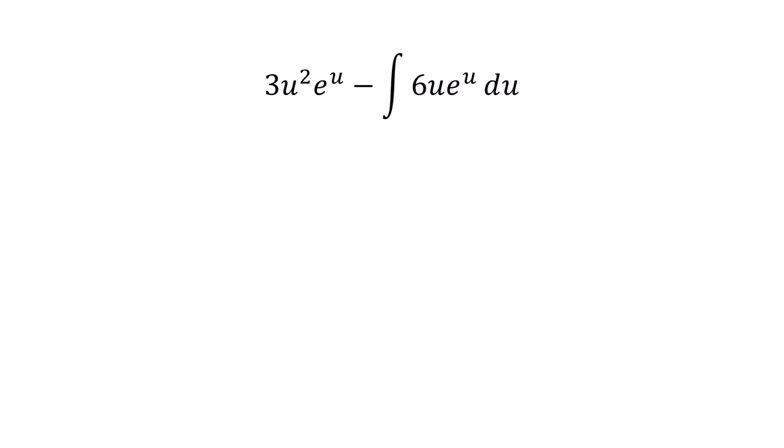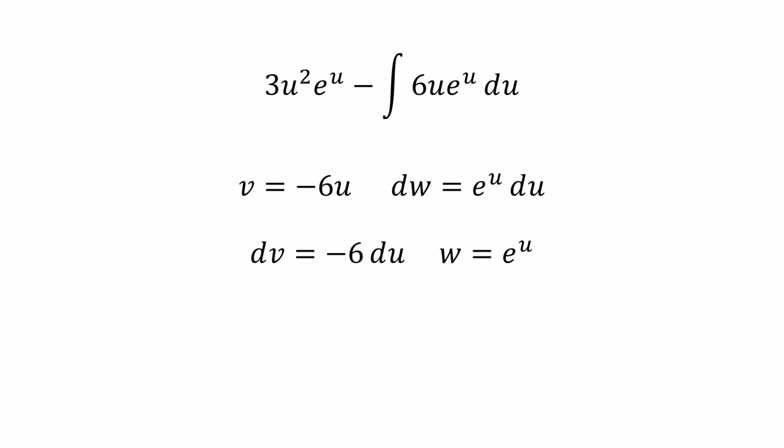We now integrate by parts again. This time choose v equals minus 6u and dw equals e to the u du. Then dv equals minus 6 du and w equals e to the u.